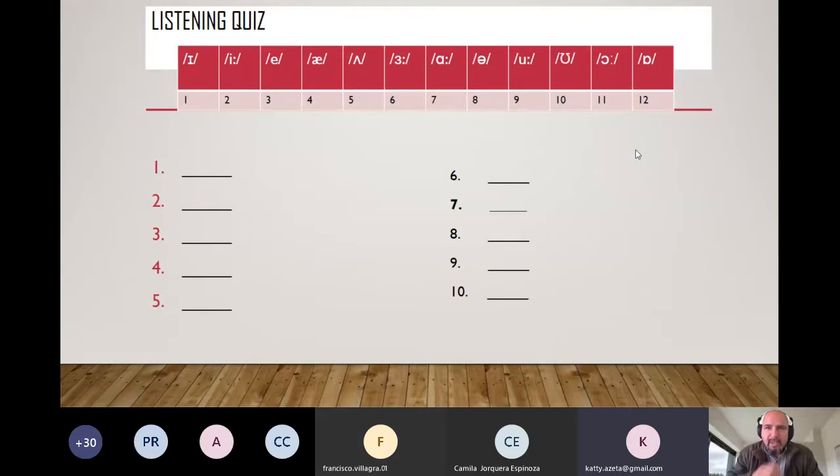But you can see the quiz, right? Yes. Wonderful. The first word is leak. Leak. The second one is fruit. Fruit. The next one is threat.